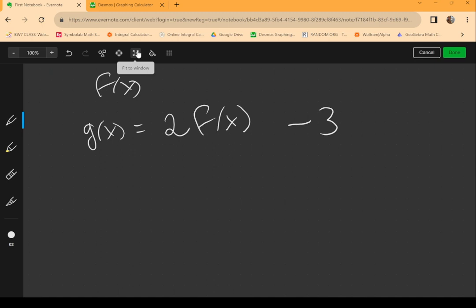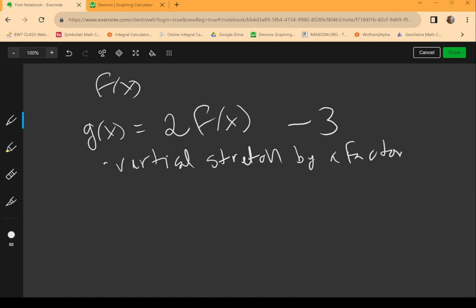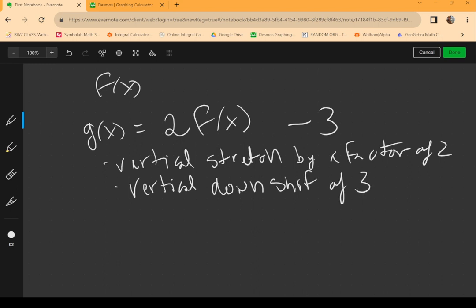All right, so here we have a vertical stretch by a factor of 2. And then we have a vertical downward shift of 3 units.